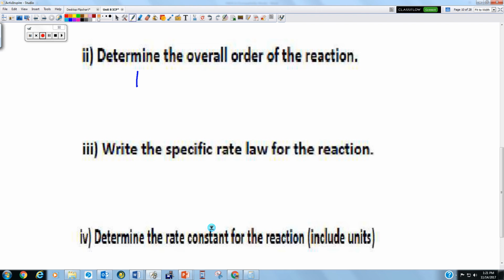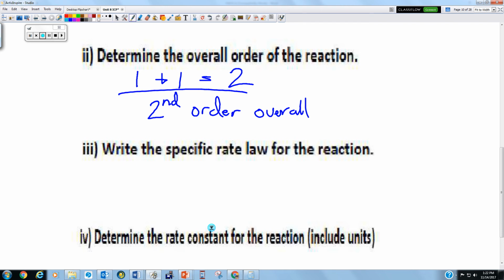It was first order in regard to NO2. It was first order in regard to F2. So it's second order overall. And even though this is math that you could do in your head, show your work, because they give you credit for that.